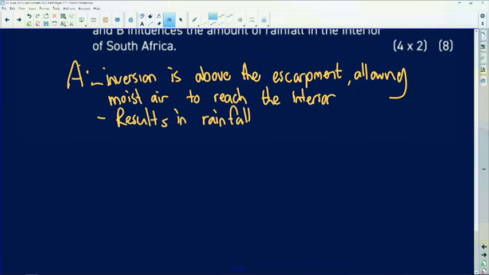Now, if we look at diagram B, the inversion is below the escarpment.